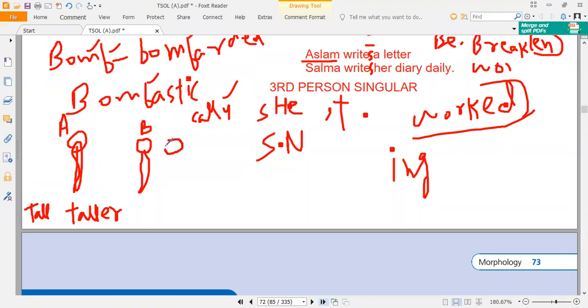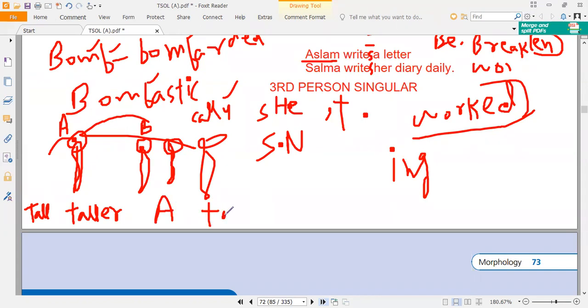But if there is a comparison between one and more than one, right? Like here we have got one, and we have to compare this one with two, or with three, with 10, or with thousand, with millions, right? So when we compare one with one, this is the comparative degree. But when we compare one with more than one, it becomes the superlative degree. So we will say A is the tallest person of his or her class.